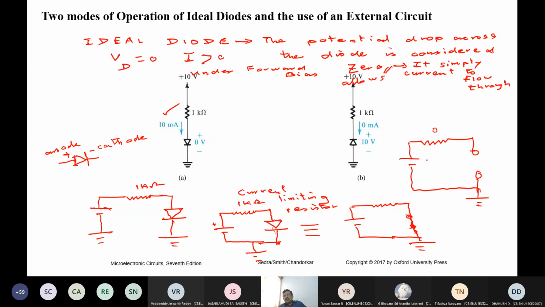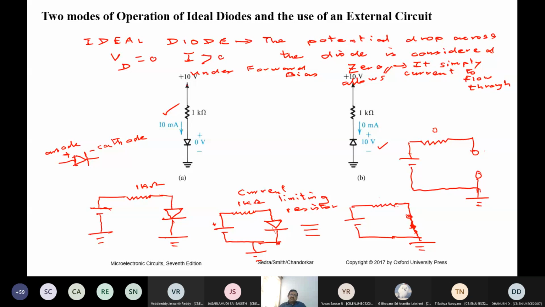Okay, and as a result, when I measure across the diode terminals under reverse bias, I will get all the 10 volt here because there is no current. Whereas in the previous case, all of the voltage appeared across the resistor.